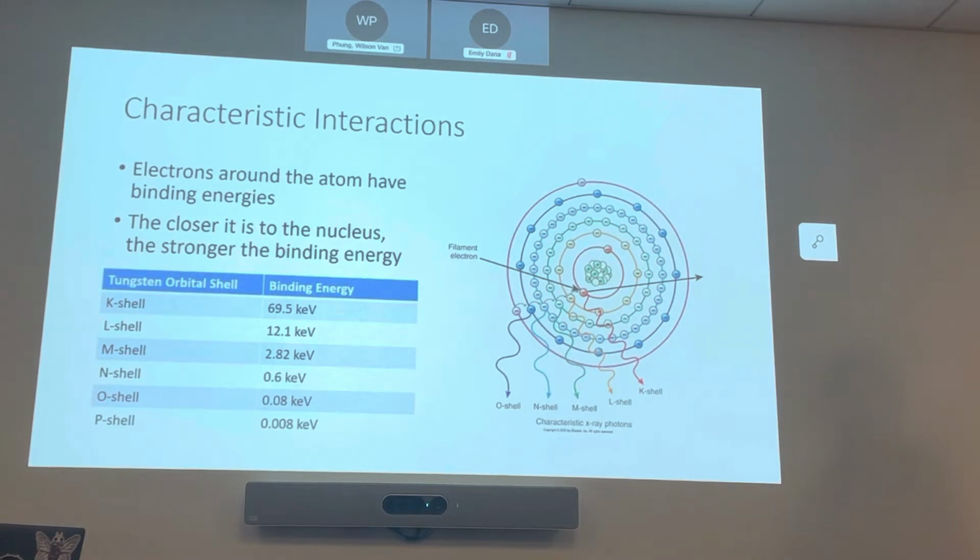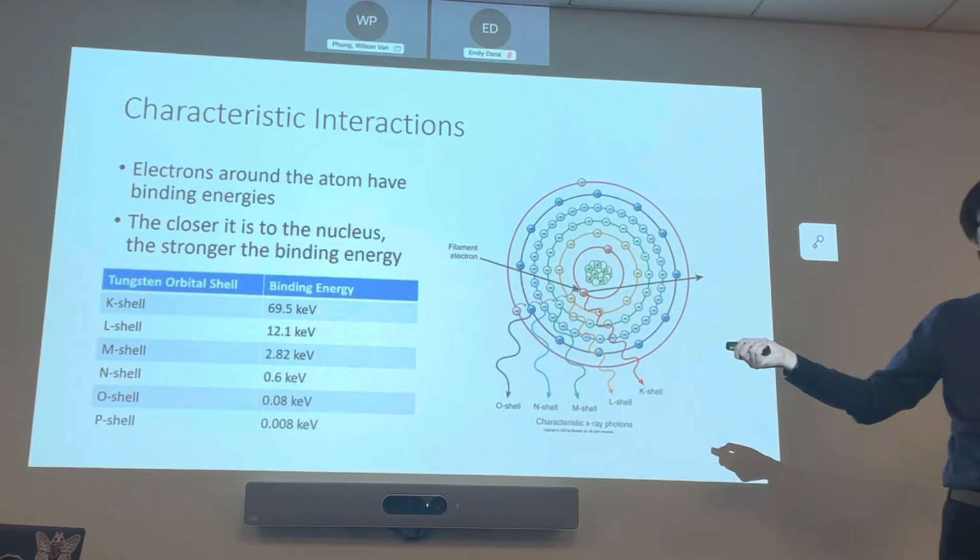The reason it's tungsten is because of what the tube is made of, the inside glass. These are tungsten orbital shells because tungsten is the atom that we are using for our X-ray production, right? High heat resistance and high binding energies. Something like molybdenum would have a different binding energy.